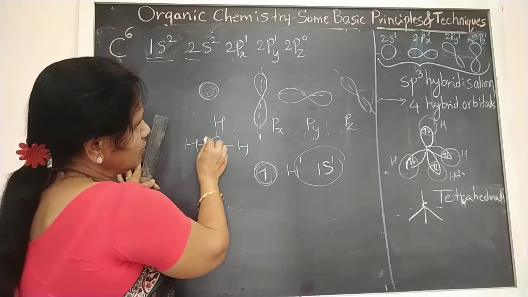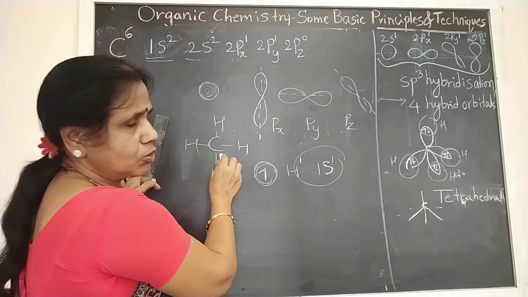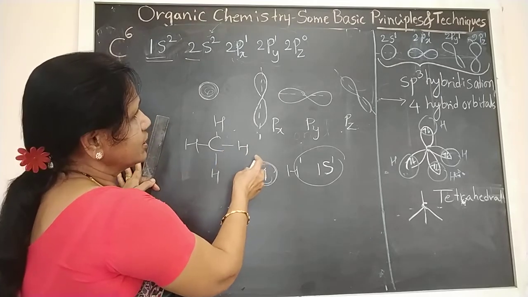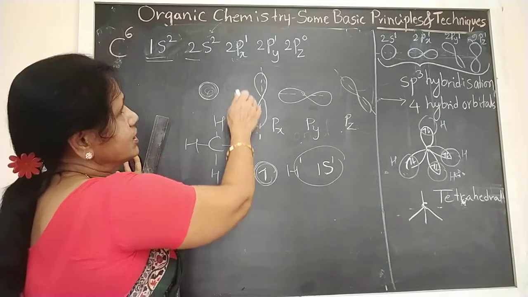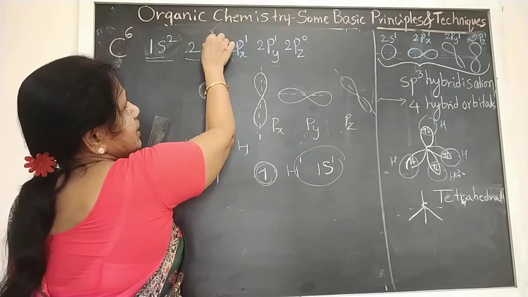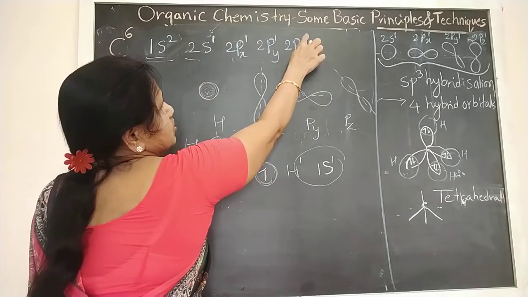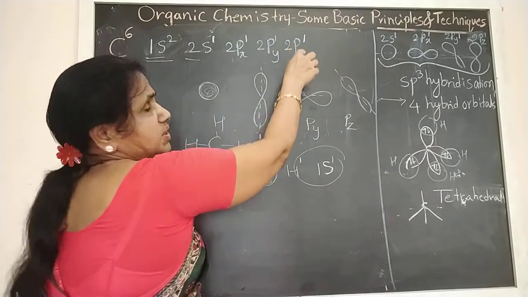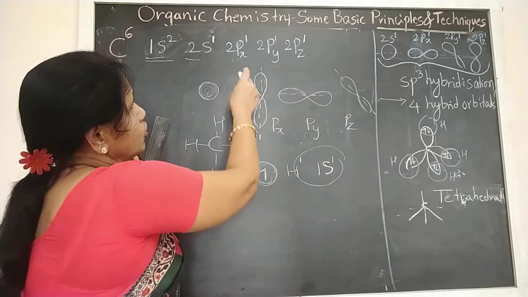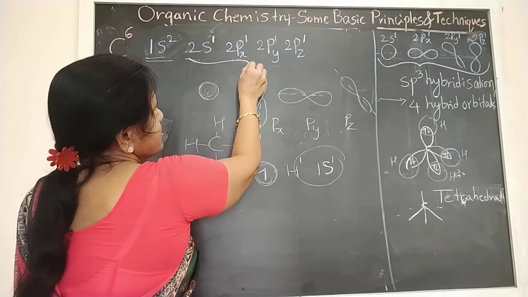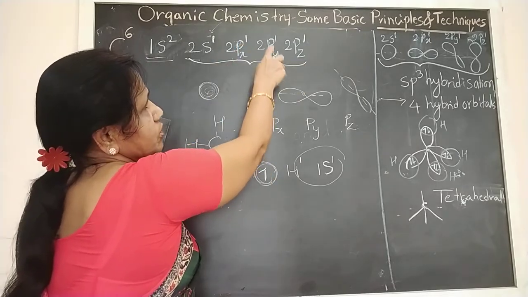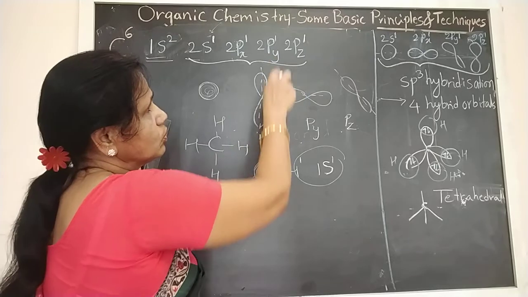When hydrogen approaches the carbon to form the bond, carbon will be in the excited state. In the excited state, the paired electron gets unpaired and one of the electrons jumps into the vacant empty pz orbital. So the configuration in the excited state becomes 2s1, 2px1, 2py1 and 2pz1.